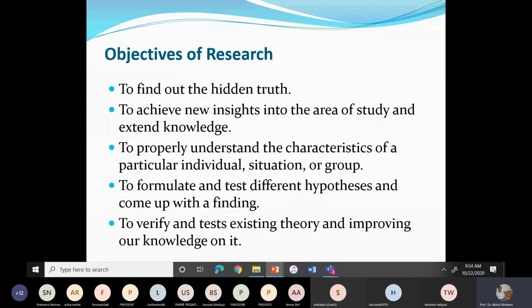Then these are the objectives of research. In research, we basically try to find out the hidden truth. Truth exists, but that is hidden. And through research, we try to find out that truth, and then we try to achieve new insight into the area of study and extend knowledge.